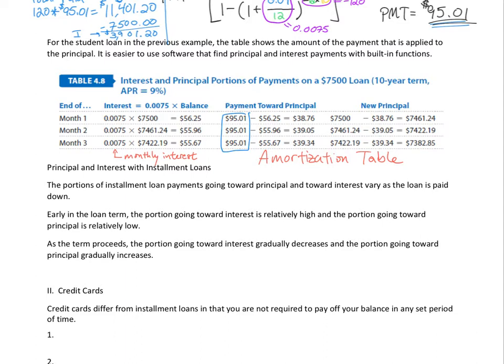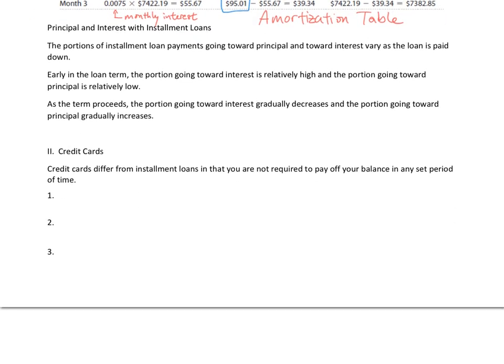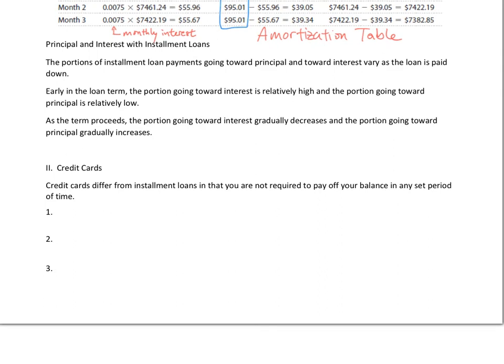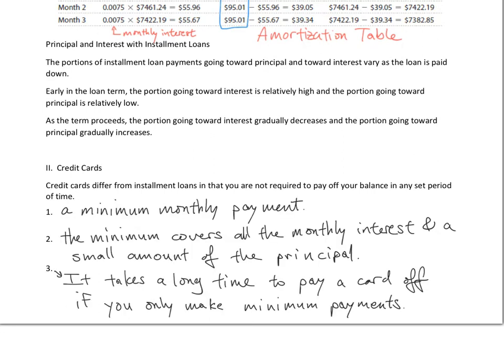So enough about that. Let us continue on to part 2 down here, credit cards. Credit cards differ from installment loans in that you are not required to pay off the balance in any set period of time. But here are some things that you might not have known about credit cards.